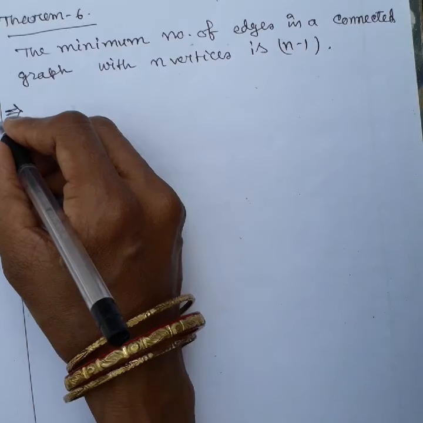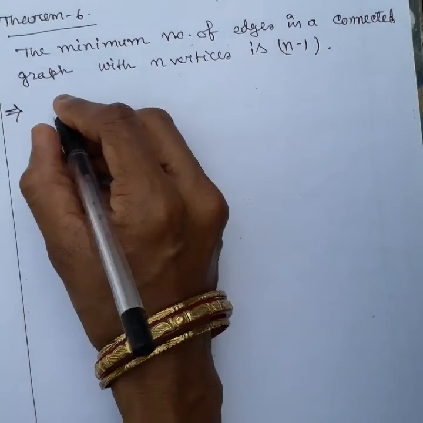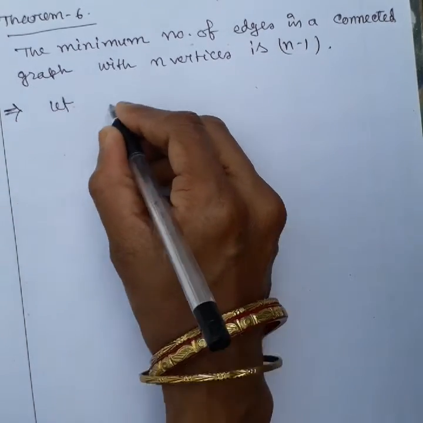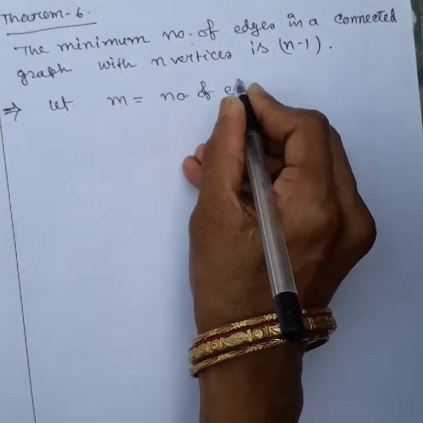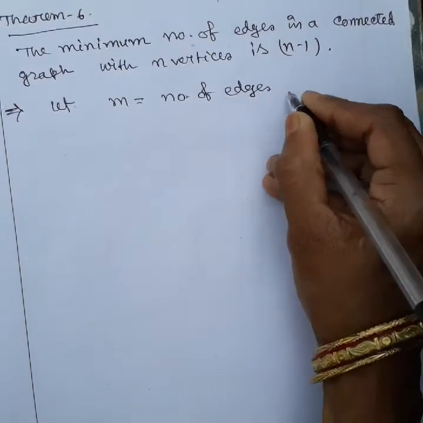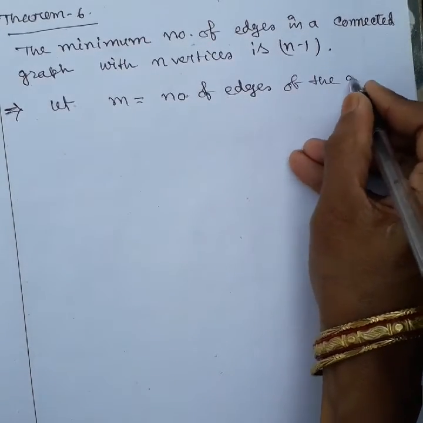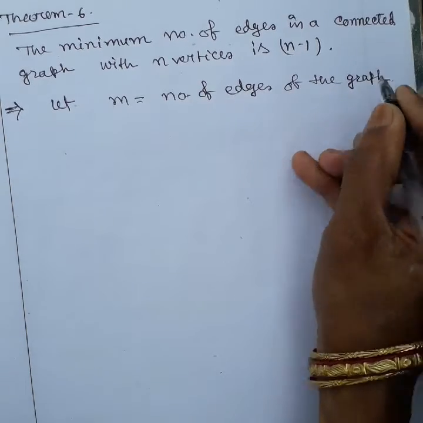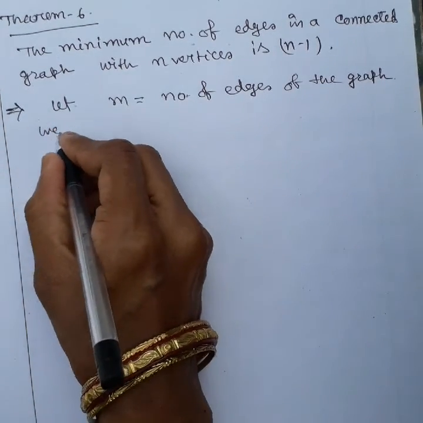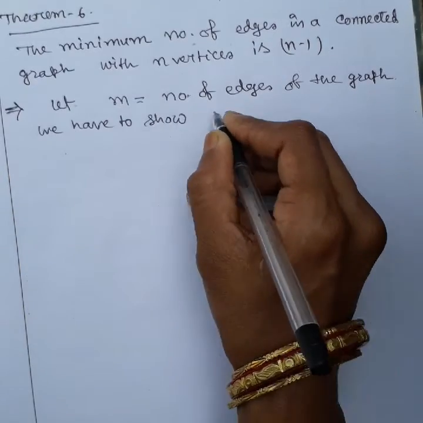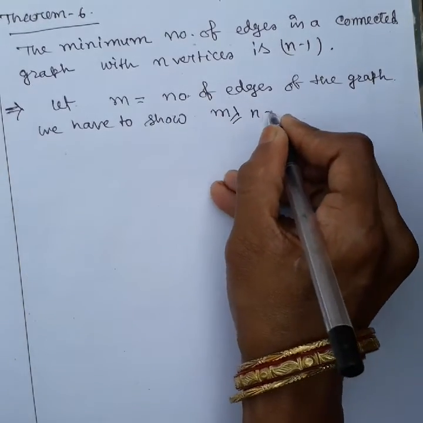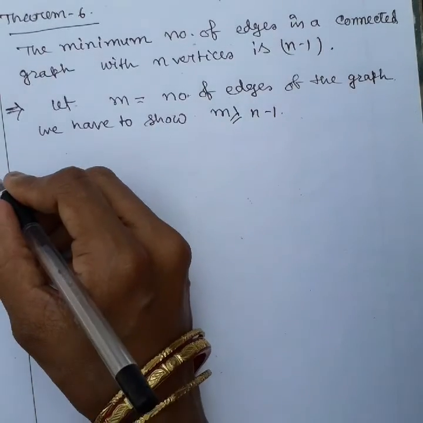Okay. Now we let here m be equal to the number of edges of the graph. So we have to show here m is greater than or equal to n minus 1.